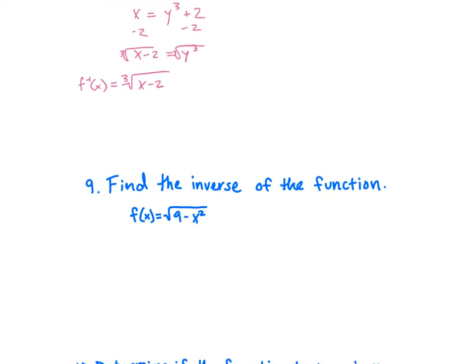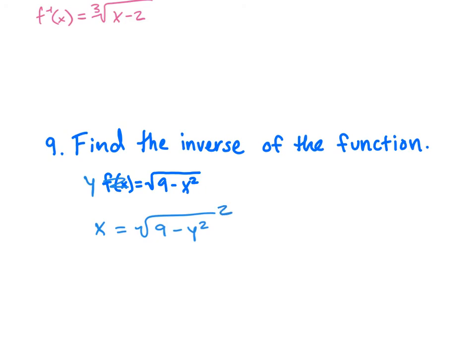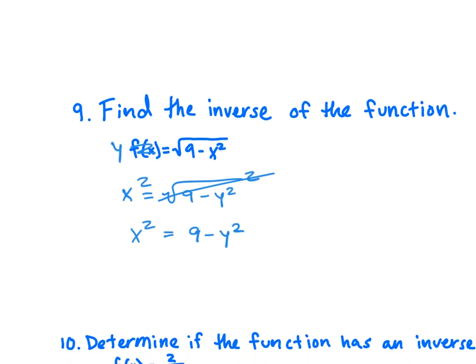Number 9, find the inverse again. So we change our f of x to become y, and then we flip our x and y. So we have x is equal to the square root of 9 minus y squared. We need to square both sides to get rid of that square root. So we have x squared is equal to 9 minus y squared. Then we can subtract 9 from both sides. So we have x squared minus 9 is equal to negative y squared.